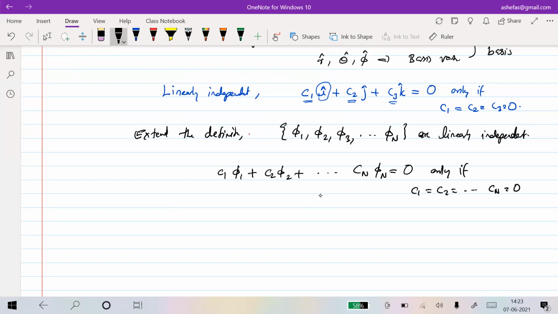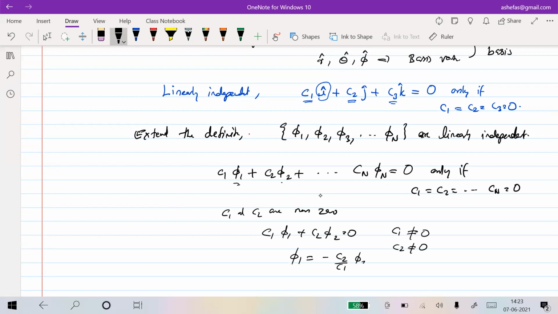Okay, suppose this becomes 0 with some of the coefficients non-zero. Let us suppose c1 and c2 are non-zero, then we can write phi1 in terms of phi2, isn't it? That is, if c1 phi1 plus c2 phi2 equal to 0, with c1 not equal to 0 and c2 not equal to 0, then I can write phi1 as minus c2 by c1 times phi2.